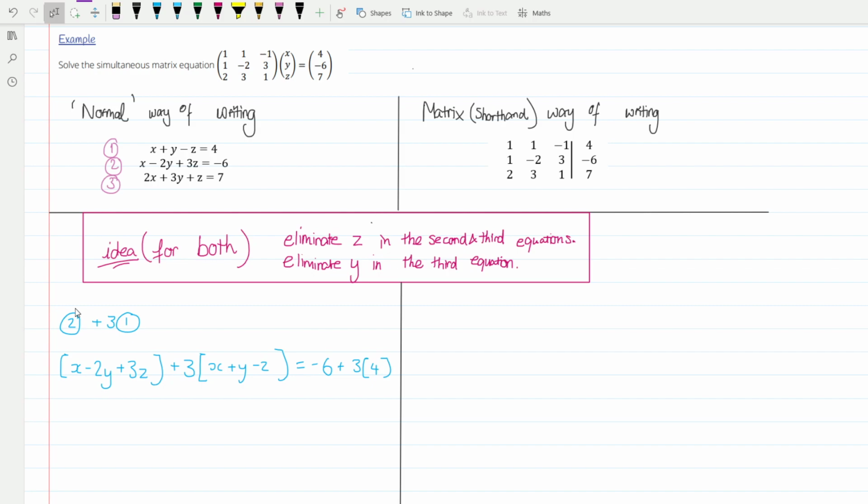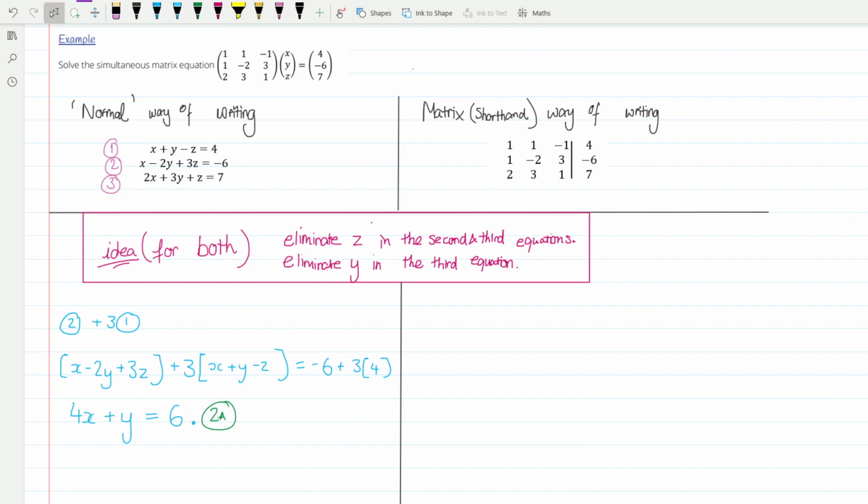If I tidy that up, I'm going to get x plus 3x is 4x, minus 2y plus 3y is y. And over on the right hand side, I've got minus 6 plus 12, which is 6. Cool. So I'm going to call this equation 2a. So it is still that second equation, but I've made some slight changes to it.